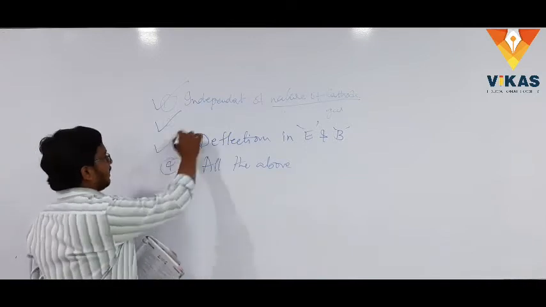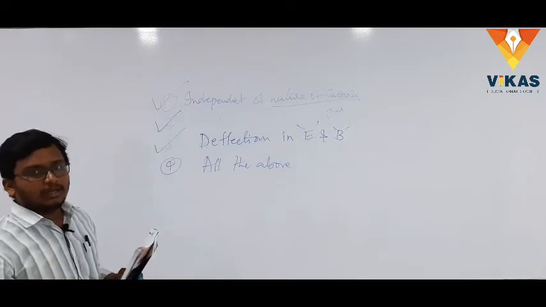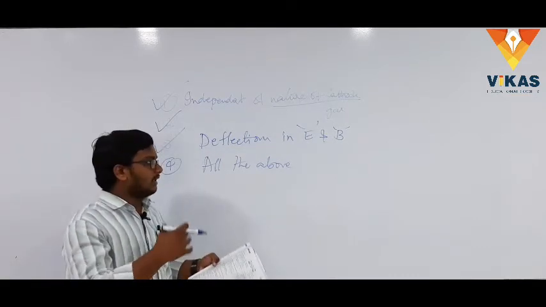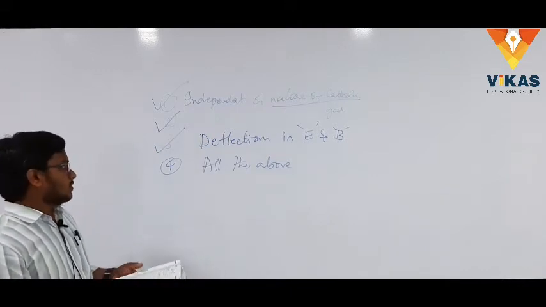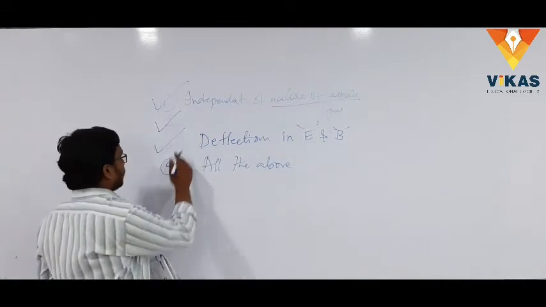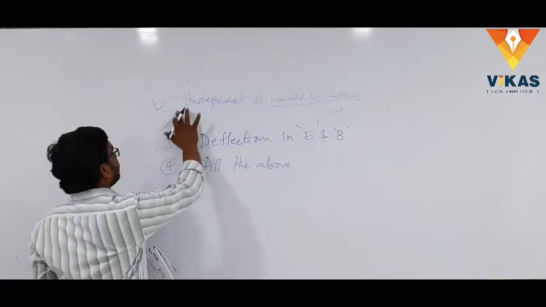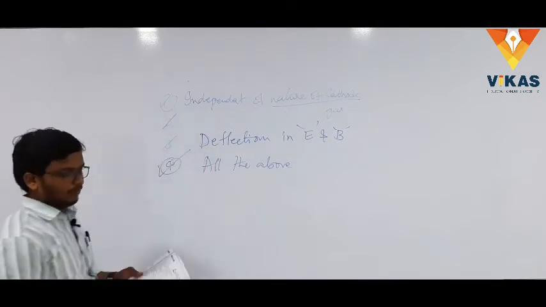At the same time, in the presence of electric field and magnetic field, like the J.J. Thomson experiment, we have seen how he applied both electric field and magnetic field, and he was able to observe the charge to mass ratio of an electron. So the correct option is all the above. These three are right, so the correct option we have to keep here is not all, but all the above. Right.